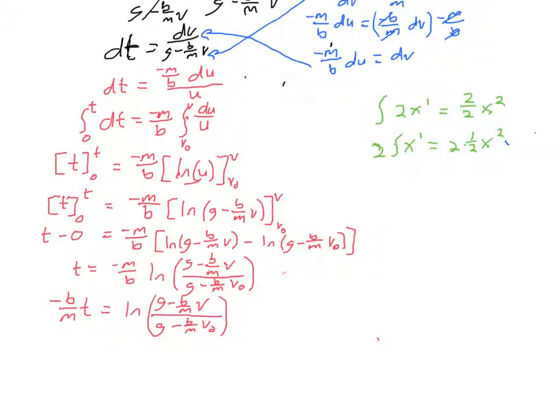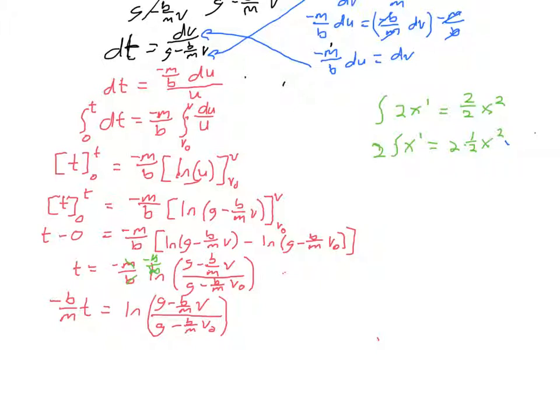Multiply this by negative m over b. That way the b's cancel and the m's cancel. Let's write that out really fast. So if I multiply by negative m over b, notice the m's would cancel out and the b's would cancel out. And so then you have to put the negative m over b on the other side because that's what you're multiplying by. So that's how I came out where I am right now.